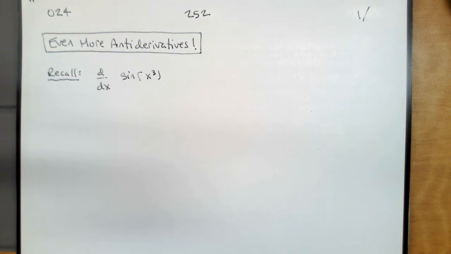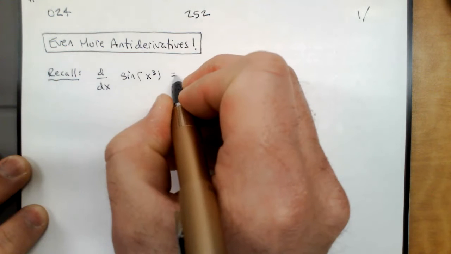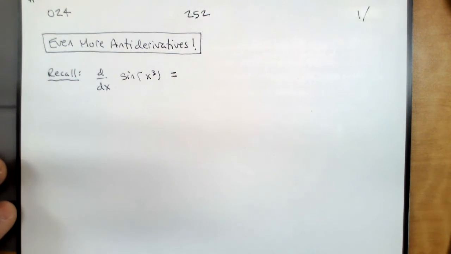The derivative of sine of something is cosine of that thing times the derivative of that thing. So the derivative of sine of x cubed, we're going to use the chain rule, so we're going to identify a function that's outside and a function that's inside.